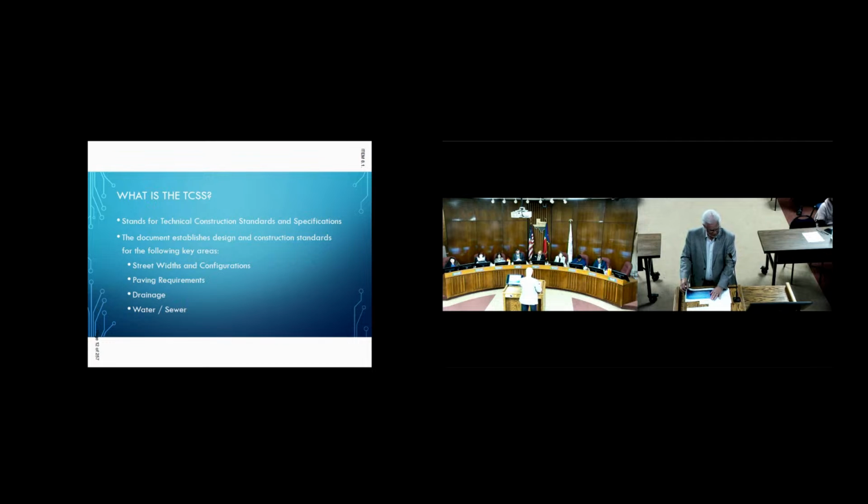So the history of it, the next slide, please, is years ago, the Council of Governments developed a book of specifications to use for the region. People kind of used that for years, and then there were a lot of things that people didn't necessarily like about that, and so people started doing their own thing and branching off from that.